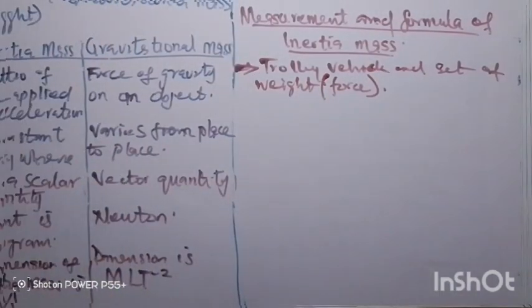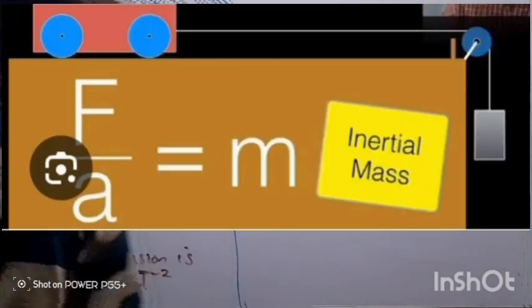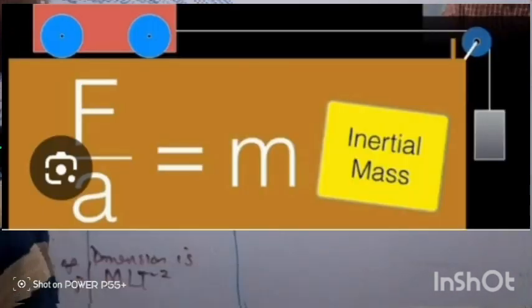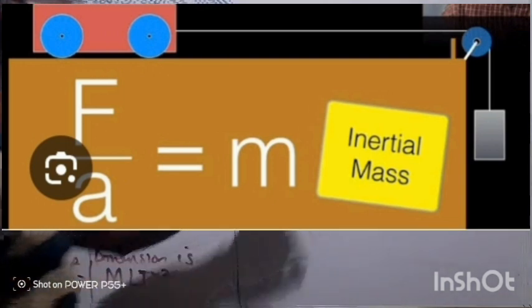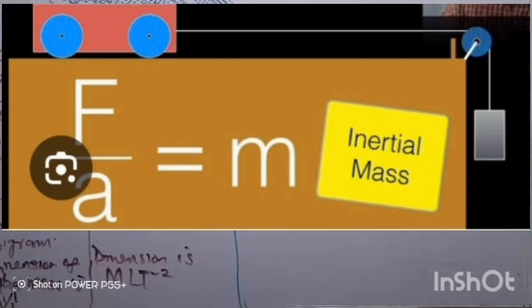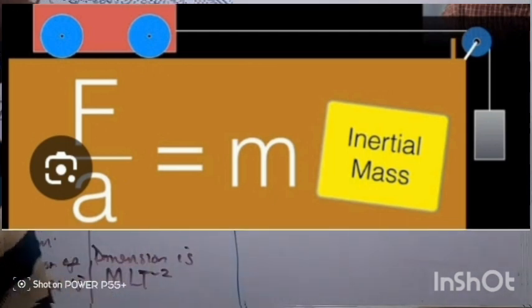As shown on the screen, when you look at the trolley vehicle and that set of weights that will move it, when the set of weights is increased, definitely the trolley vehicle will accelerate.